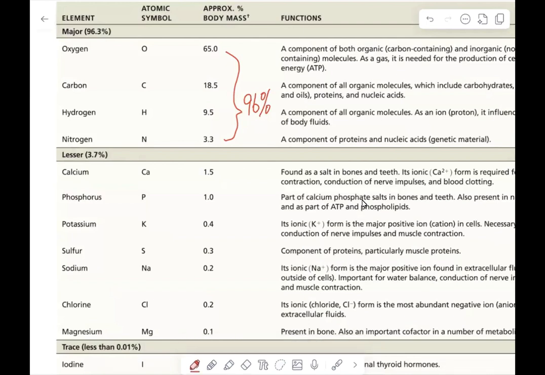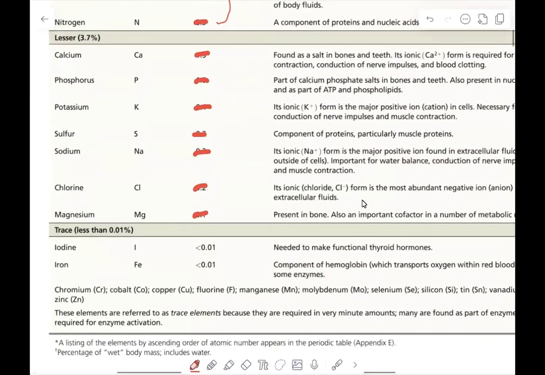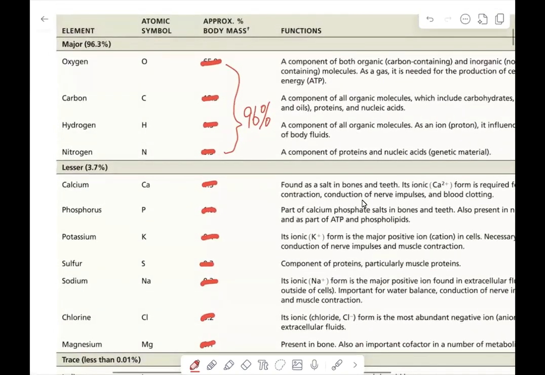So I'm going to go ahead and cross off the individual percentages because you're not responsible for them. But there may be lots of questions from this table, and what is important is that you know the biological significance of these elements. So you should know the element, the symbol, and a little bit about them. So let's go through some of those.